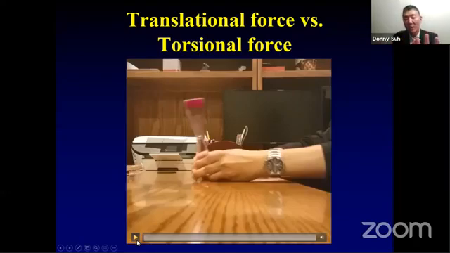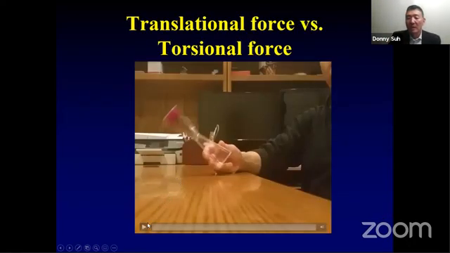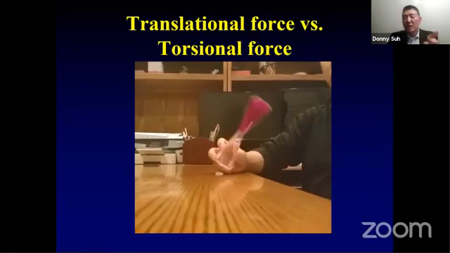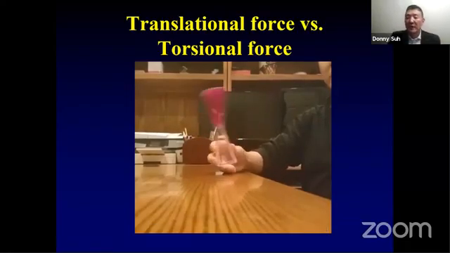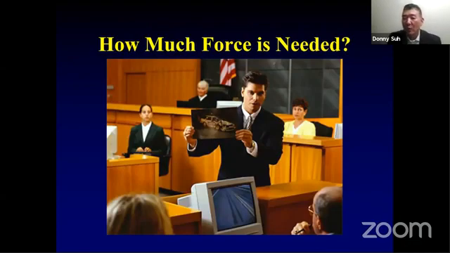It's not just in the posterior pole, and it's not just localized to one quadrant. That's probably because of this torsional component. What does that mean? With just a simple, gentle torsion, you can disrupt the interface very easily. So it is not just translational; that torsional component plays a very important role.